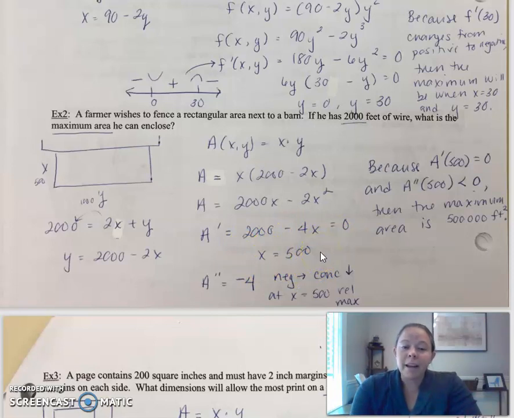Okay. Now, remember we talked about first derivative test and second derivative test. These problems, when you're working with polynomial functions, the second derivative test is so nice because, guys, if you do the second derivative, you get -4. That means that my area function is always concave down.